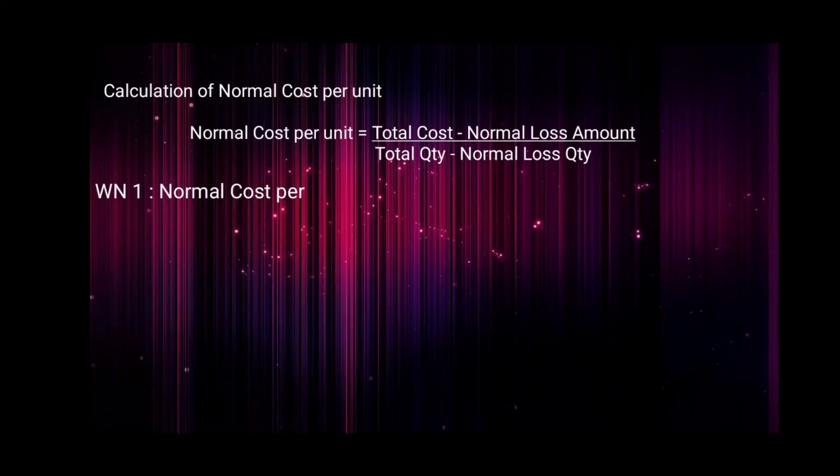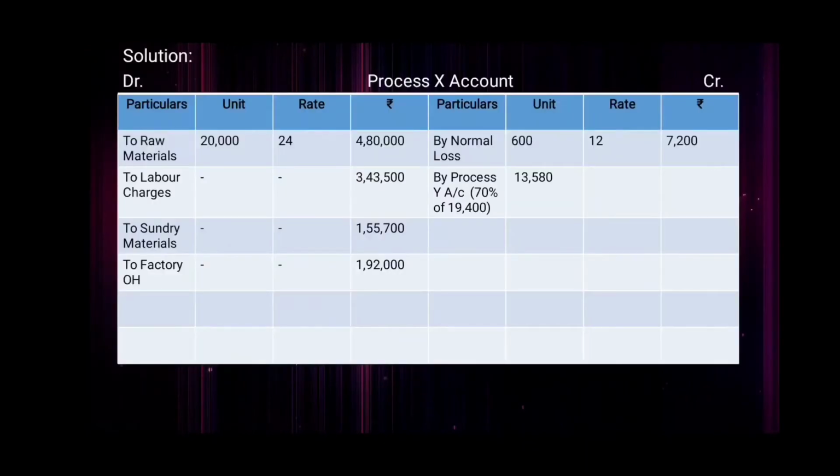Normal cost per unit of process 1, which is equal to total cost: 4,80,000 plus 3,43,500 plus 1,55,700 plus 1,92,000.